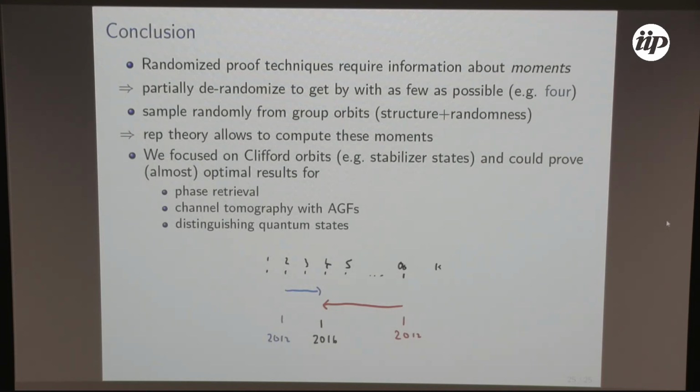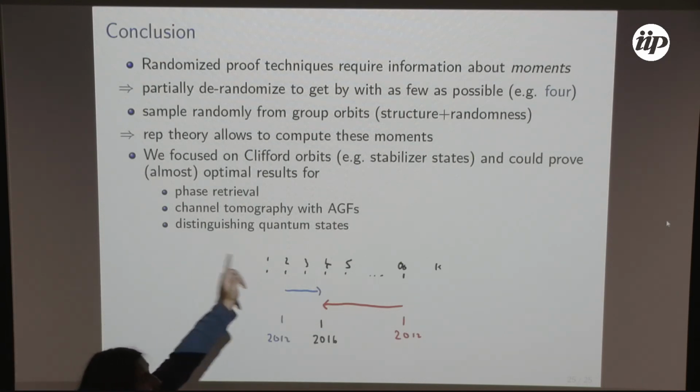The fewer moments you need, the stronger your randomized proof technique is. At the same time, we try to come up with structured models that fit these desiderata. And we propose to sample only from group orbits, because this has structure and randomness. We focused completely on the Clifford group and stabilizer states. And representation theory actually allows you to compute these moments, not only for the Clifford group, but in general.